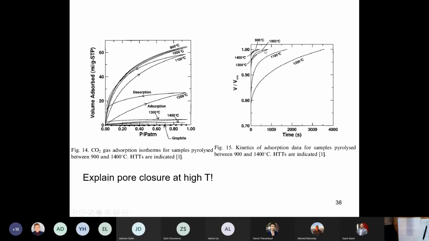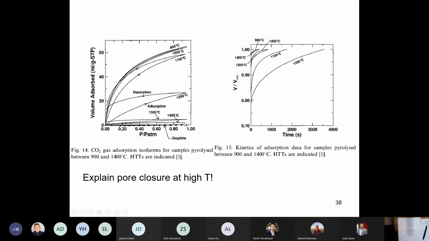And then as you heat the samples more and more and the pore openings get smaller and smaller, it takes longer to reach the maximum amount. And this is normalized to the maximum amount, right? So you absorb less at 1200 and it takes a lot longer to fill up what you can. And by the time you get to 1400, it takes virtually no time to fill because you're filling nothing.